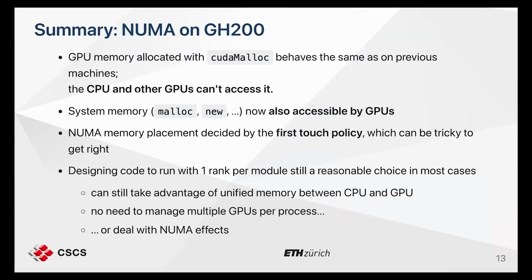It's a little bit tricky to get right. If you're designing code to run with 1 rank per module, and we'll see some examples later on, it's still a reasonable choice in most cases, because in comparison to writing NUMA-aware code, you can still take advantage of unified memory, with no need to manage multiple GPUs per process yourself in your code or deal with NUMA effects.